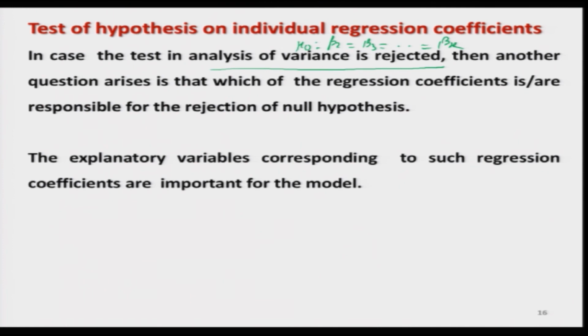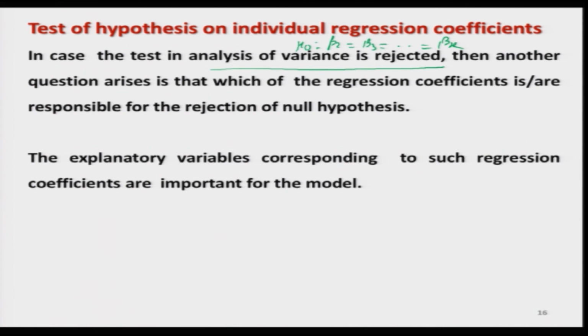For that, we have one option: we can test the individual regression coefficients using the t statistic that we used in the earlier lecture. They will help you identify which variables have significant regression coefficients, and which are the important regressors or the important explanatory variables.